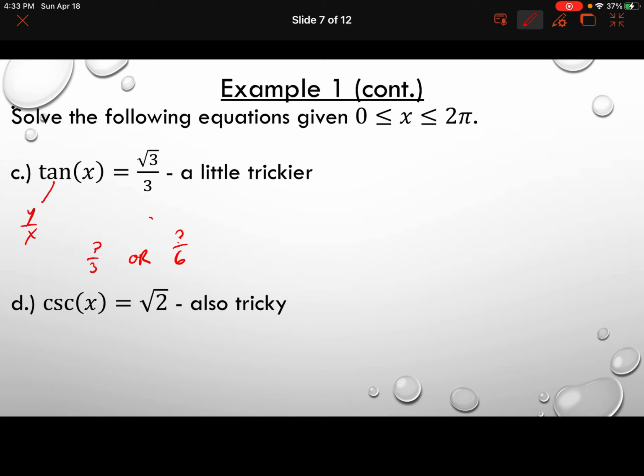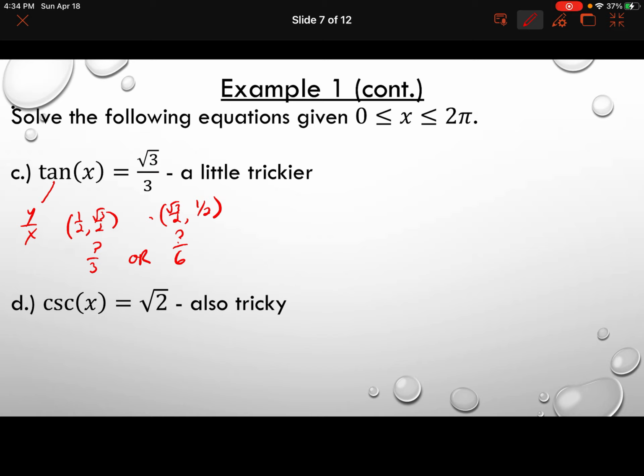The reason I say that is because if you look at your unit circle, all the points that have something over 3 or something over 6 as their radian measure are the only points where you have that square root of 3 as part of the coordinates, and you need a square root of 3 in your coordinates in order to have a square root of 3 in the end.